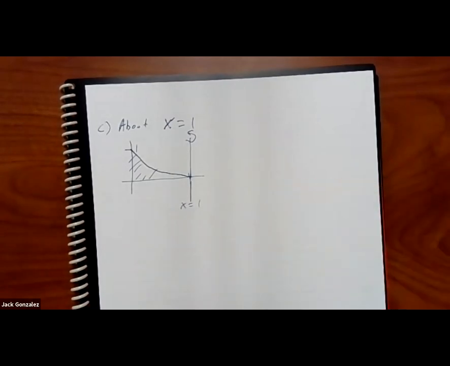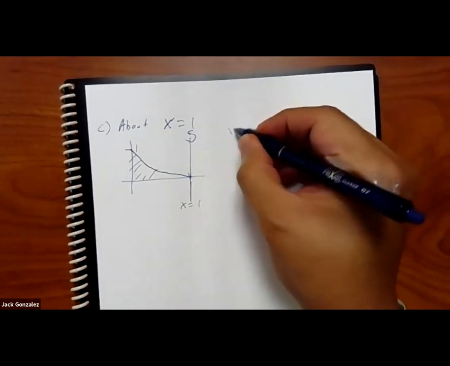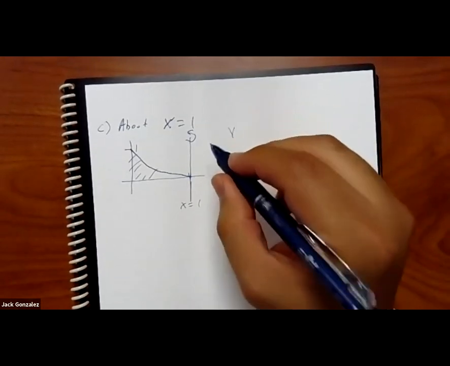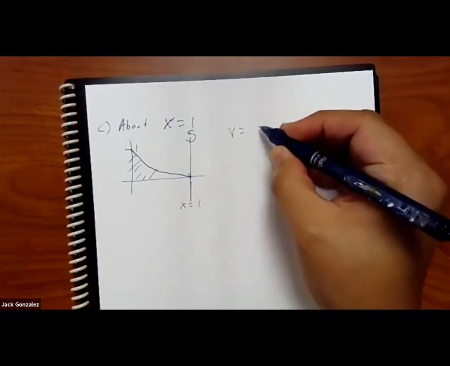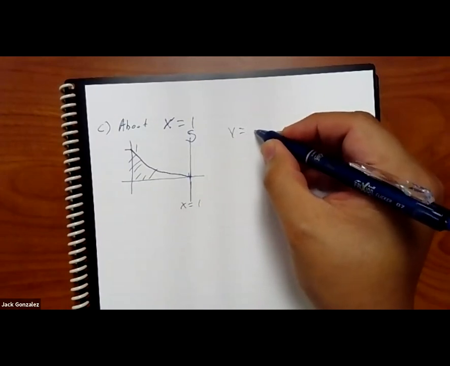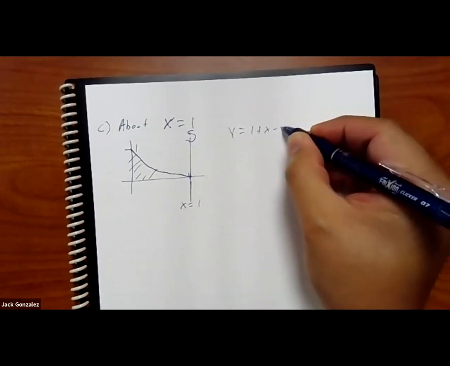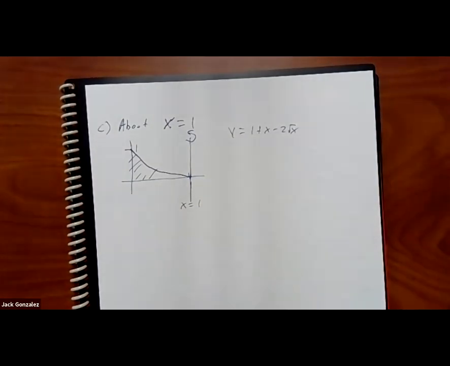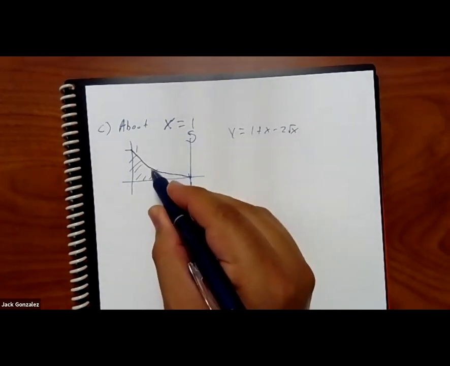If we were to do disk, it would have to be perpendicular, which would cause problems, right? Because we'd have to solve for x again. So we can't use disk in this case because of the orientation of the rotation. Was it 1 plus x, right? Okay. So I'm going to do shell again so I can stick with dx.